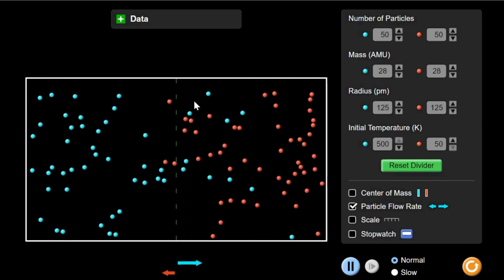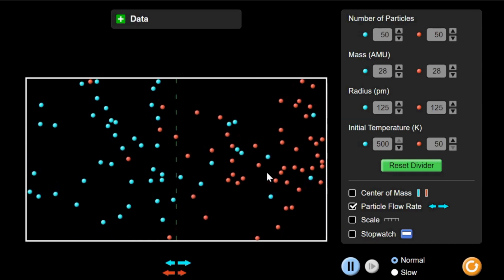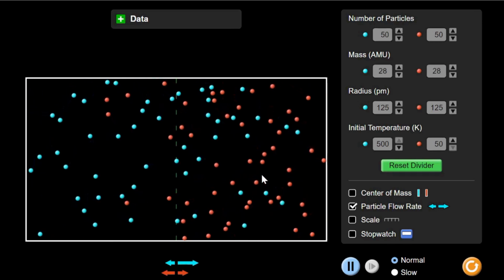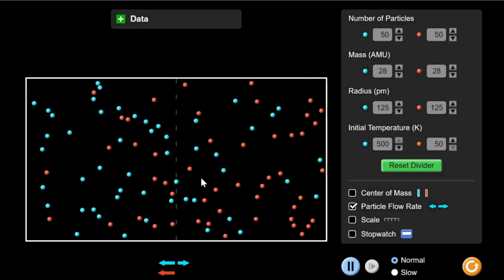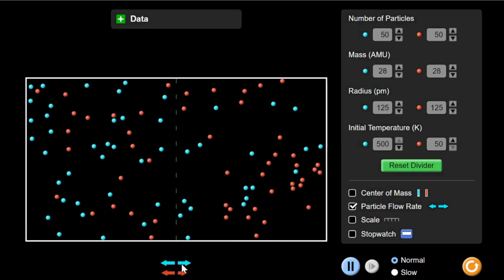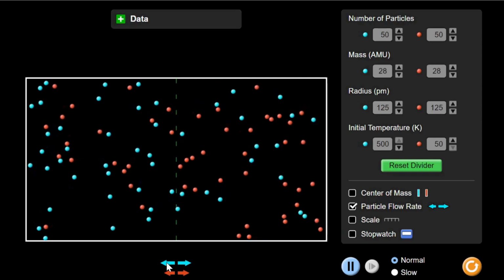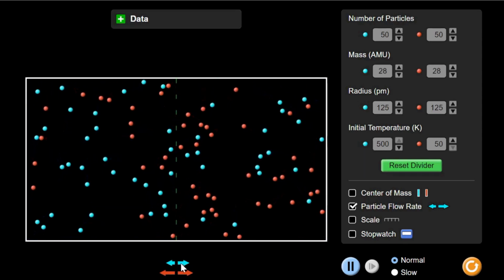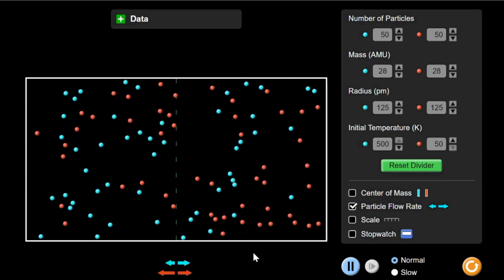Notice how blue are invading red, but as they are colliding, they are giving their energy to the red particles. Red particles are speeding up, blue particles are slowing down, and eventually we will have complete equilibrium. As you can see, as time is progressing, once again, the arrows indicating particle flow rate to the left and to the right for both blue and red particles on average seem to be the same.